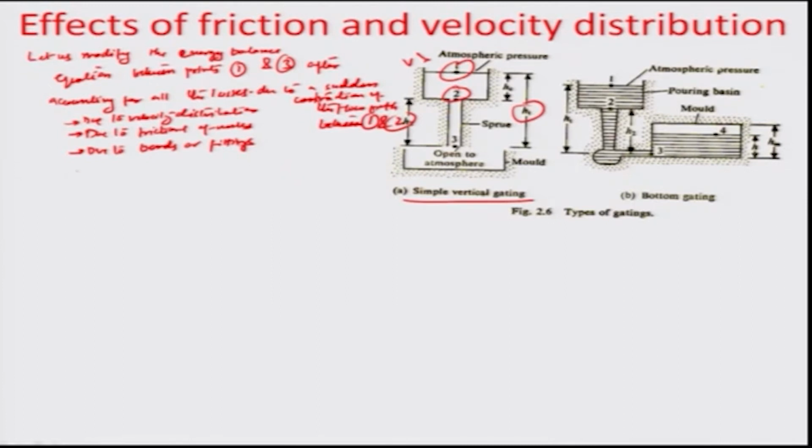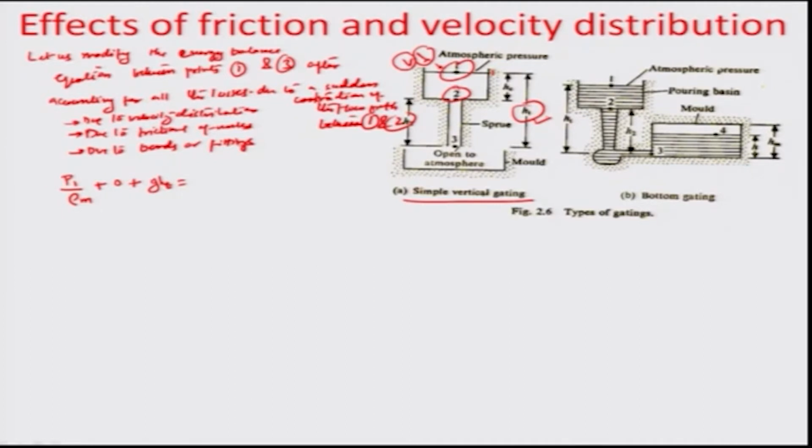So, the energy balance at 1 can be written down as P1 by rho m plus velocity head, which is 0 as assumed earlier. The velocity V here at the top of the pouring basin is assumed to be 0. The metal is too large a quantity for any substantial change in the height to happen at this particular juncture, plus the potential head, which is g HT, HT being the height of the top of the pouring basin from the mold.